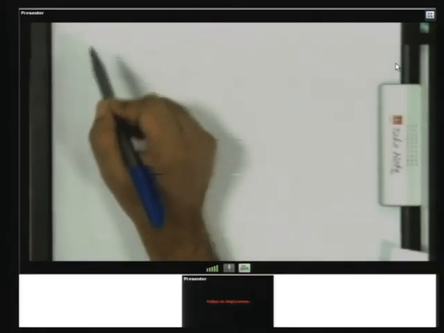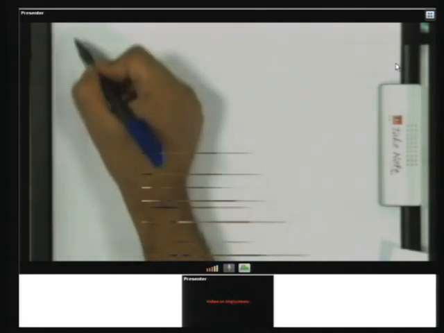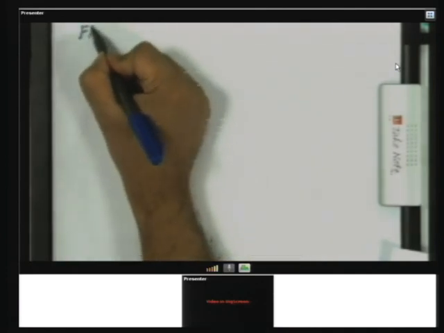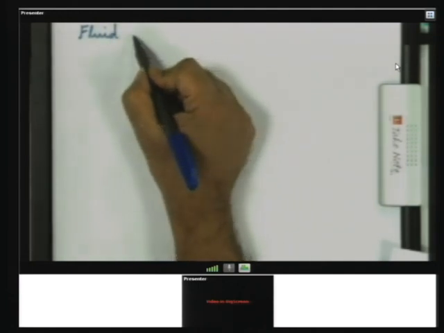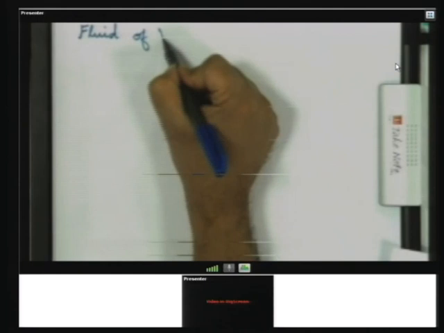Now, that brings us to something new. In the morning session we derived the pressure distribution for a fluid with constant density. Now, suppose you have a fluid of variable density.